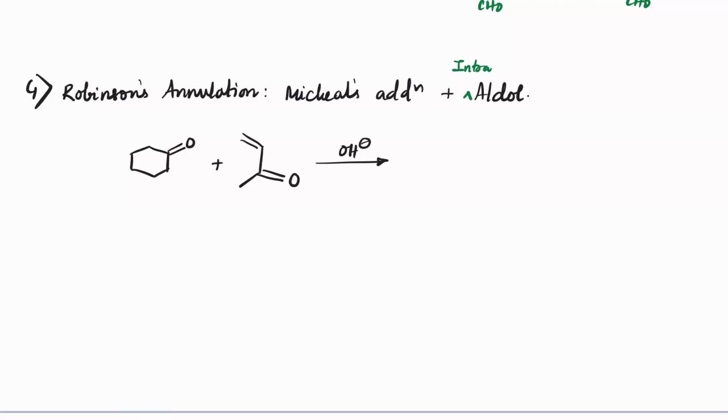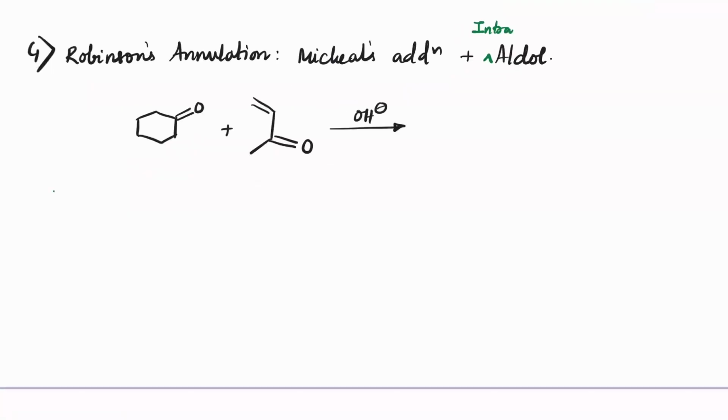So let me show you how this is working. Suppose as soon as you react with base, you will get an enolate ion. And on the enolate ion, you will see the double bond O this way. So that gives you a carbanion to attack on this position, making a conjugate addition.